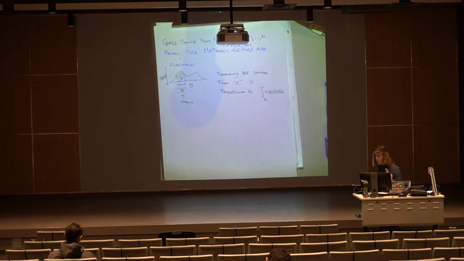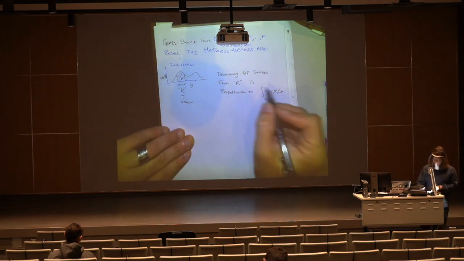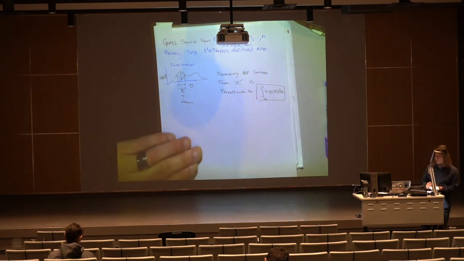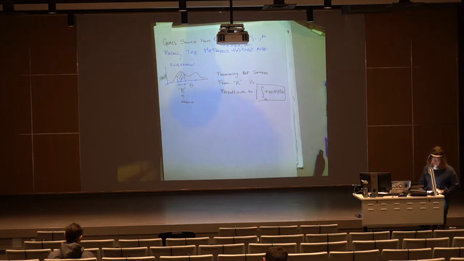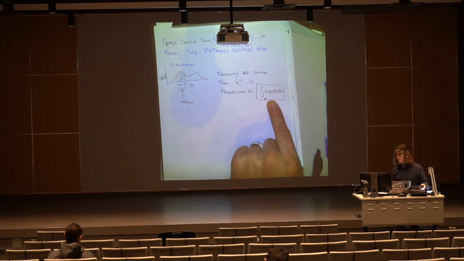So I'm just going to integrate over R. And my samples are going to happen proportional to this. So if I grab 1,000 samples, I want to multiply my 1,000 samples by this number.